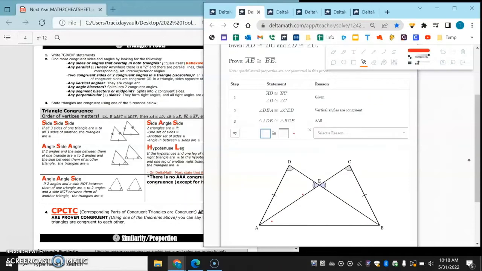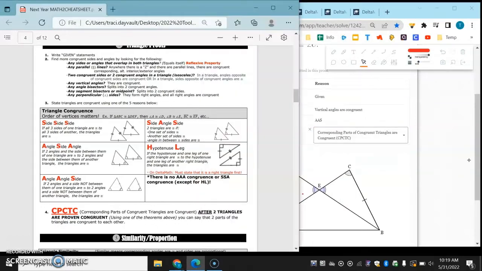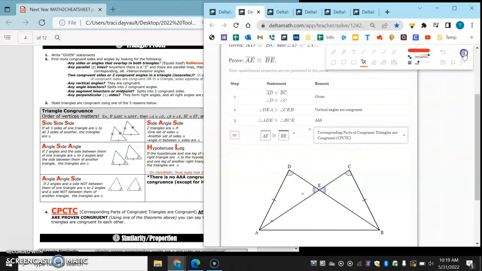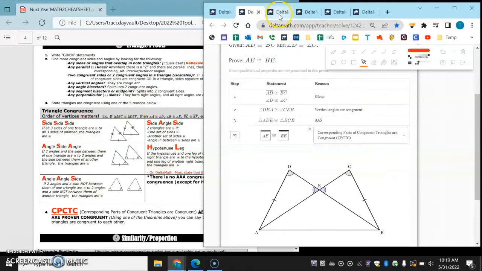So we can basically copy down this statement and say that AE and BE are congruent because, surprise, surprise, this is going to be the last answer for most of them that you do on this practice. Corresponding parts of congruent triangles are congruent. You can only use this CPCTC right after you use one of these 5 theorems.